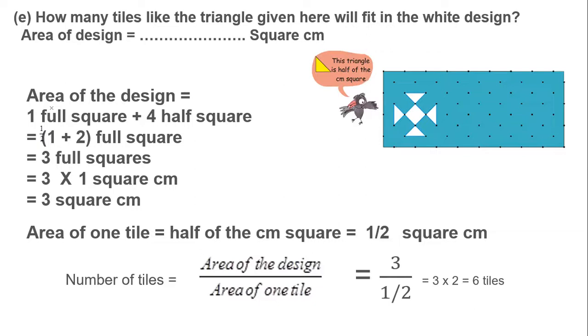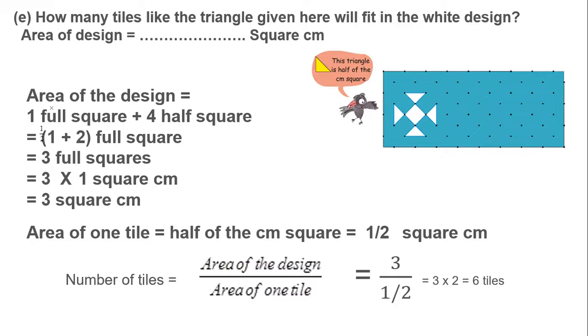This is a triangle, triangle, triangle, triangle. But if you look carefully, two triangles will make a square. This is a triangle. Okay, now one more triangle.